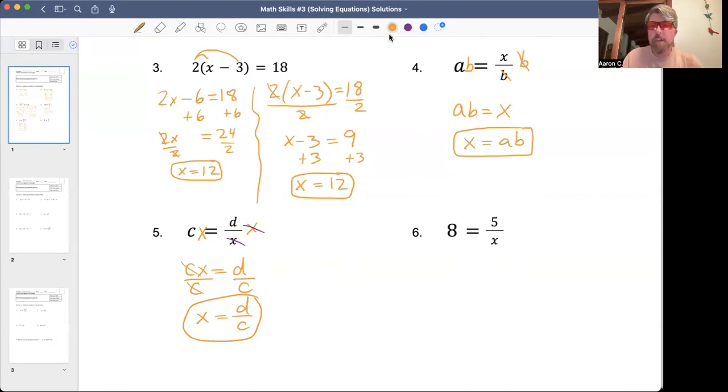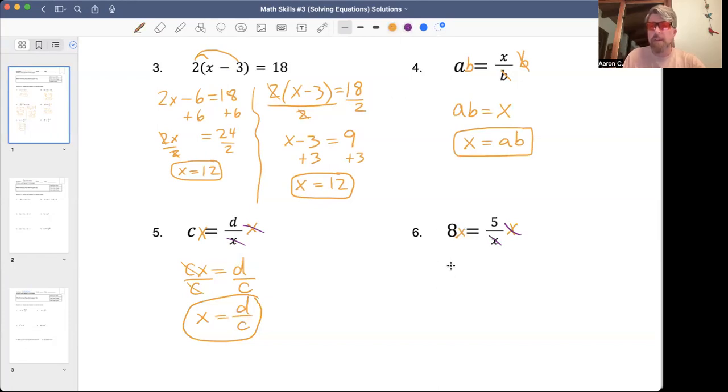Okay, now the final one here is a similar one, but this time it just has numbers instead of letters. So we're going to multiply by x on both sides: 8x equals 5 over x times x. The x cancels out because that's x over x.